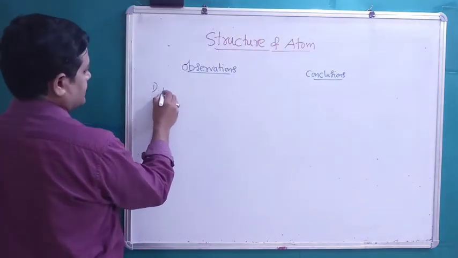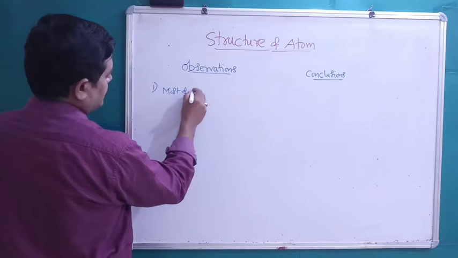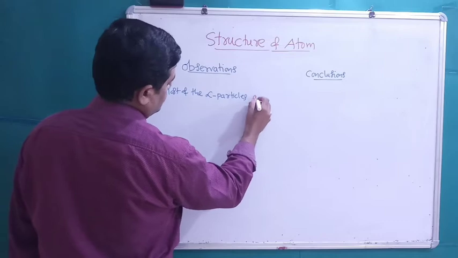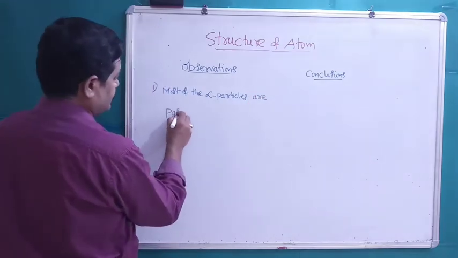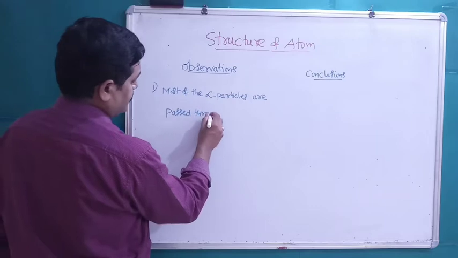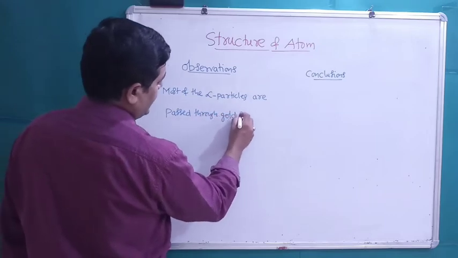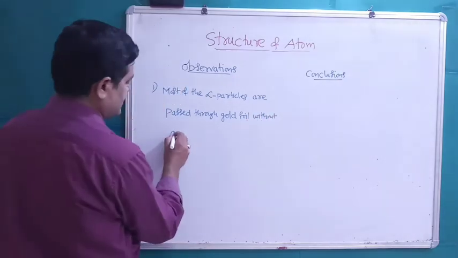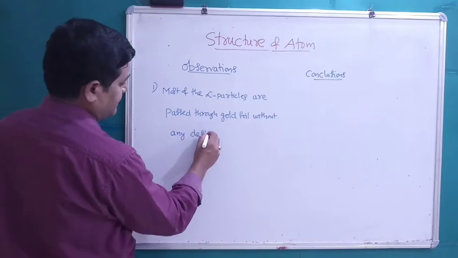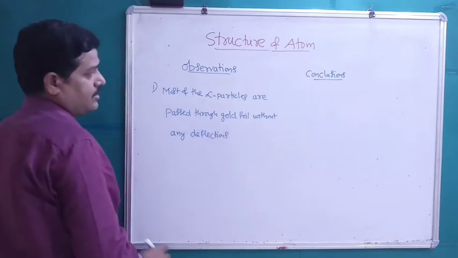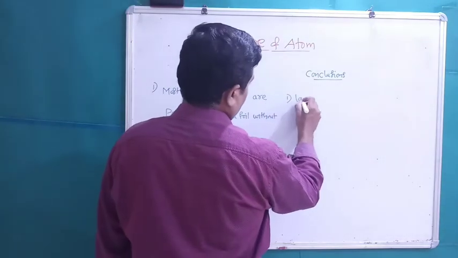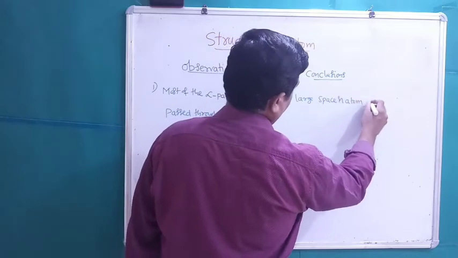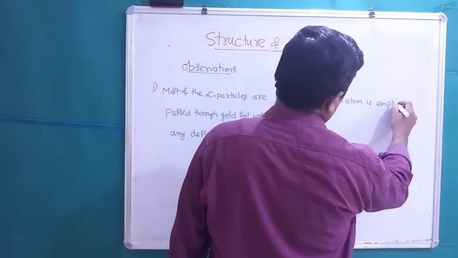The first observation is that most of the alpha particles passed through the gold foil without any deflection. The conclusion from this is that a large space in the atom is empty.